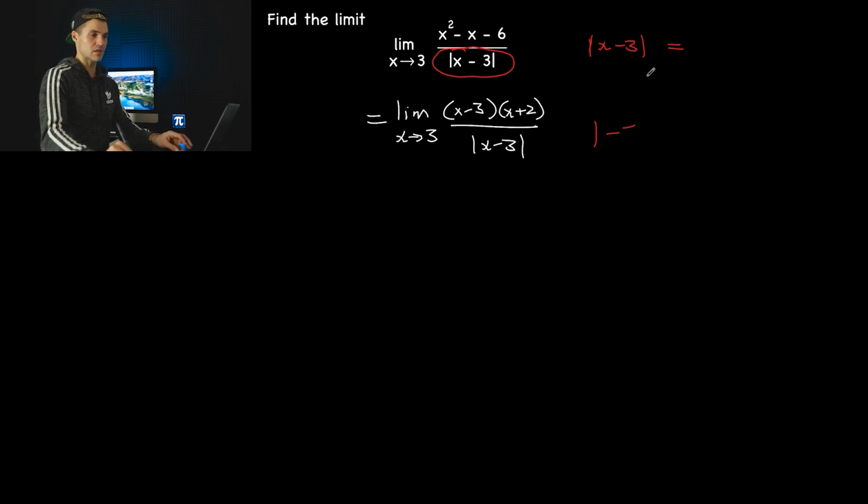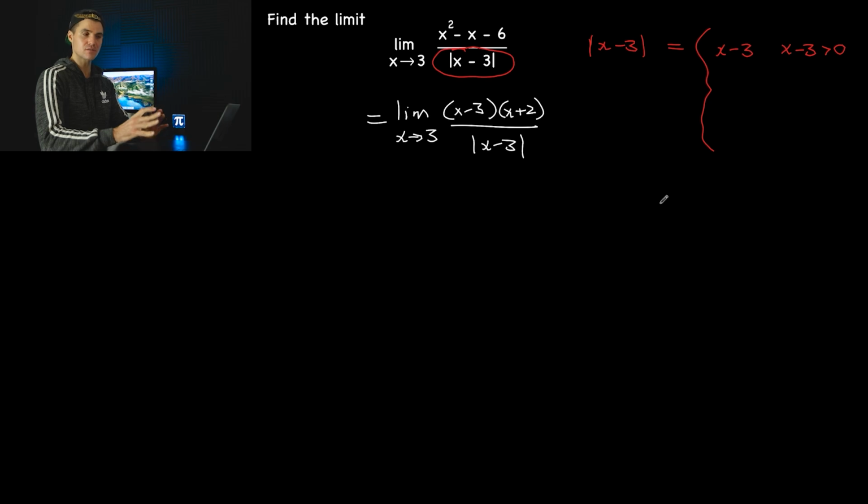So if we generalize it for this particular absolute value, it's going to stay as x minus 3 when x minus 3 is positive. If it's positive, it just stays how it is.